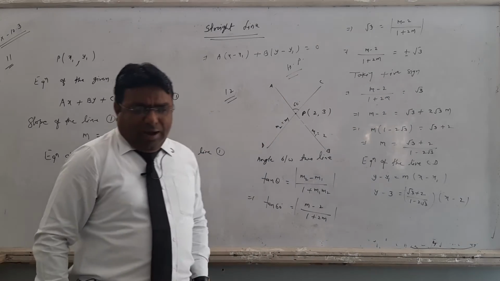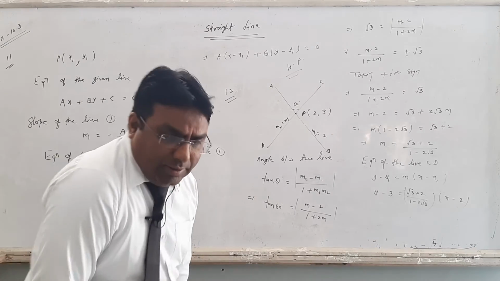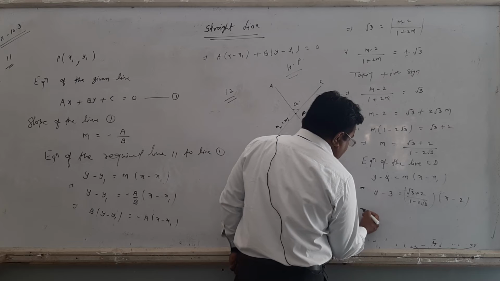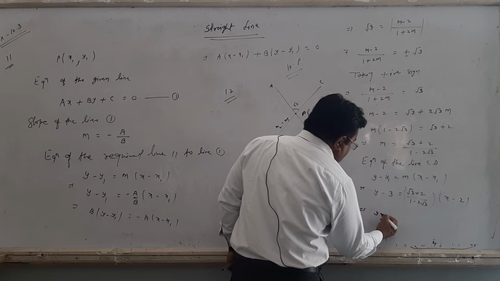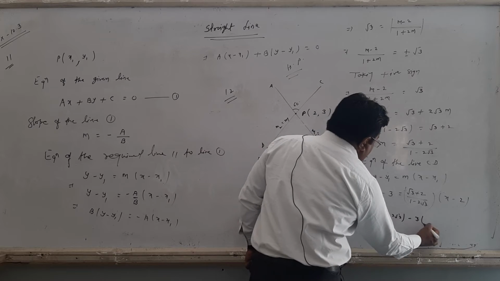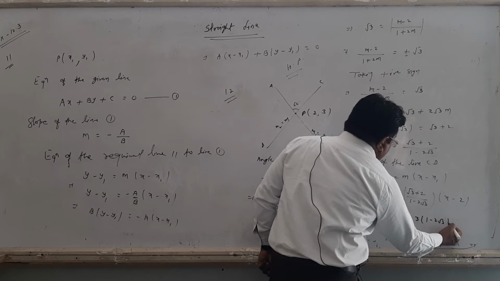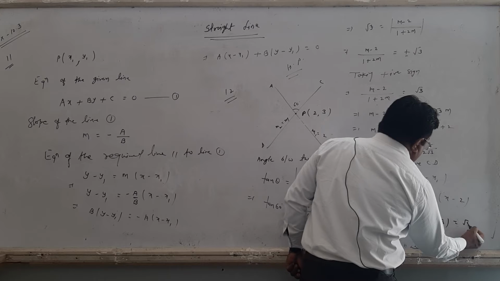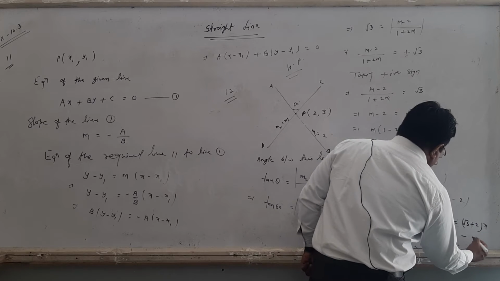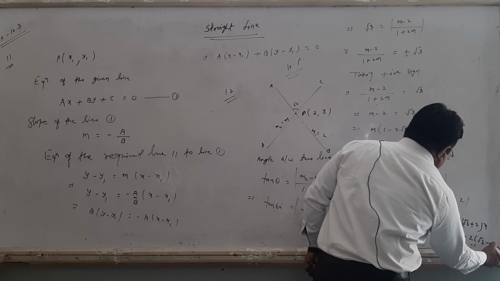And now to simplify, cross multiply: (y minus 3) is multiplied by (1 minus 2 root 3), equals (root 3 plus 2) multiplied by (x minus 2).